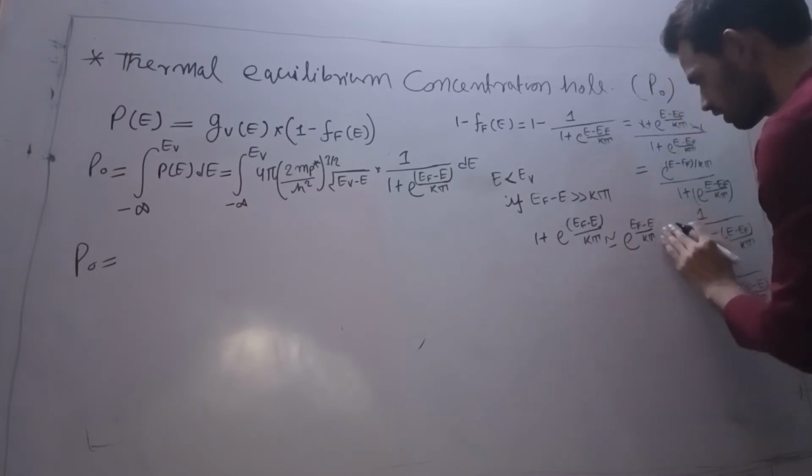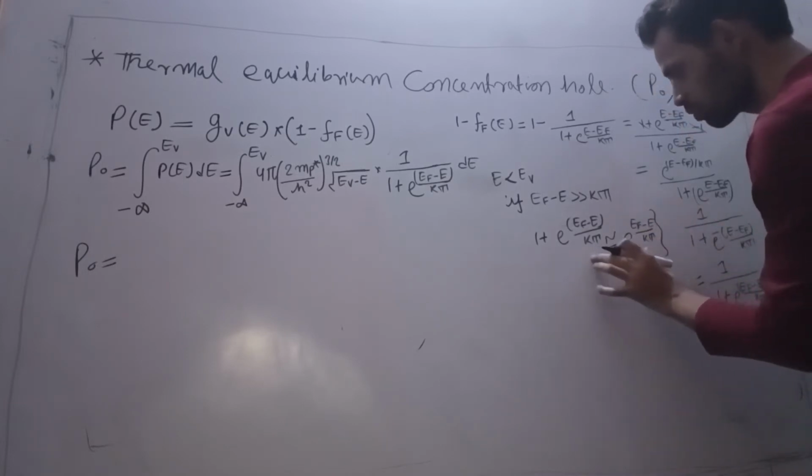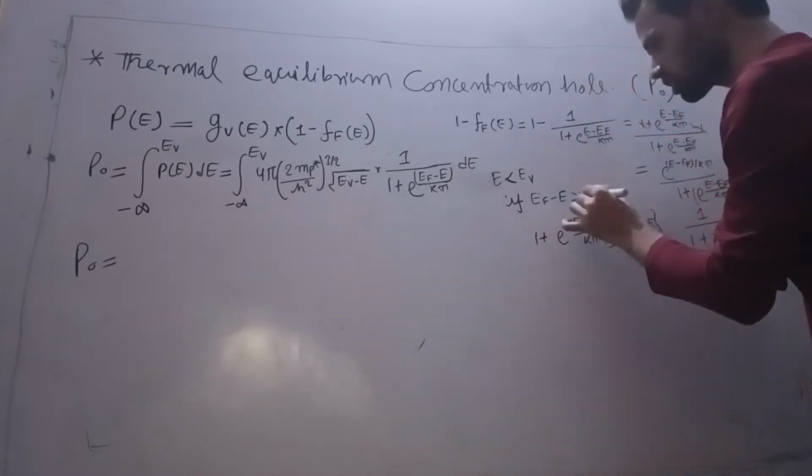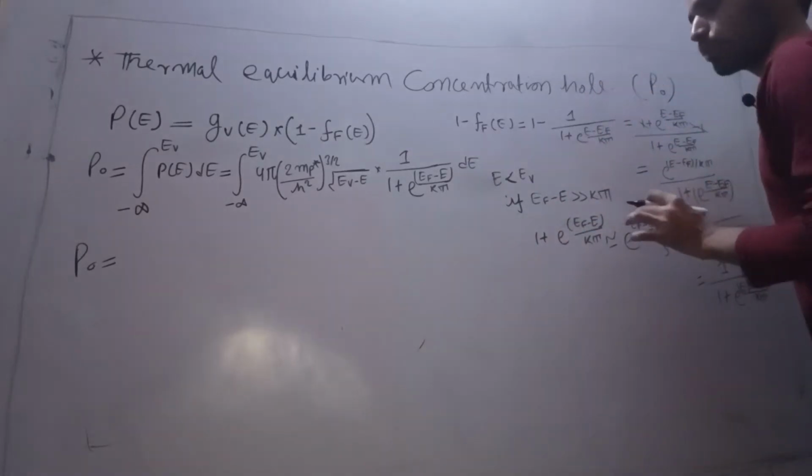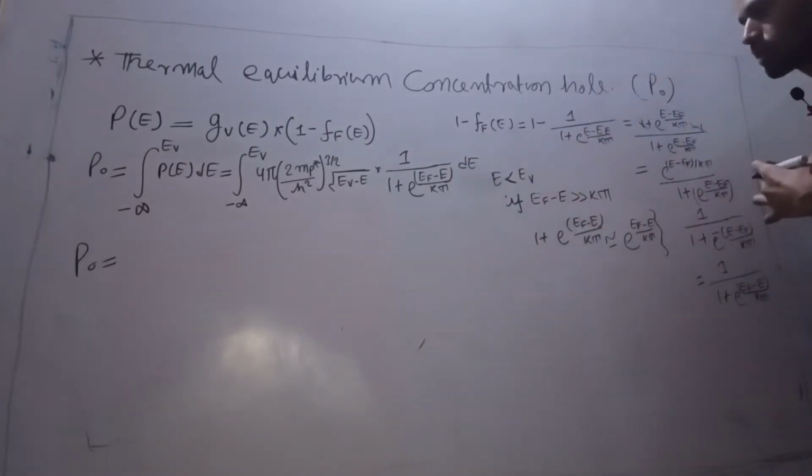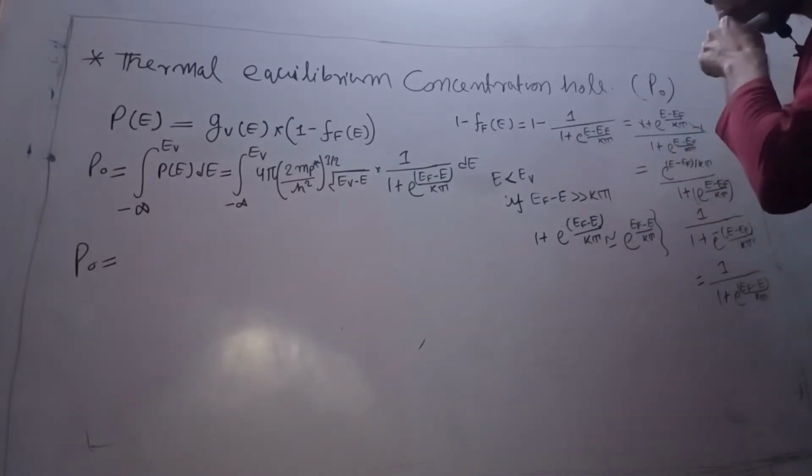So this is my Boltzmann approximation under the condition that Ef minus E is much greater than kT.